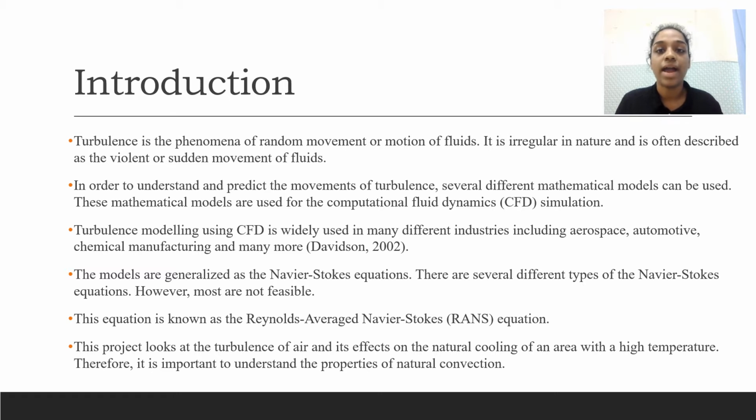Therefore, a more averaged form is used, known as the Reynolds averaged Navier-Stokes equation. There are 2 alternatives to the RANS model: the SRS model, which is the scale resolving simulation, and the large eddy simulation, the LES model. But these methods are not as widely used as the RANS model because they are much more expensive.